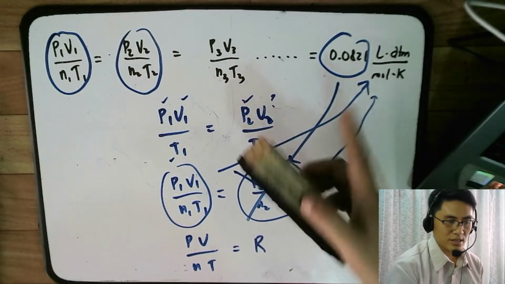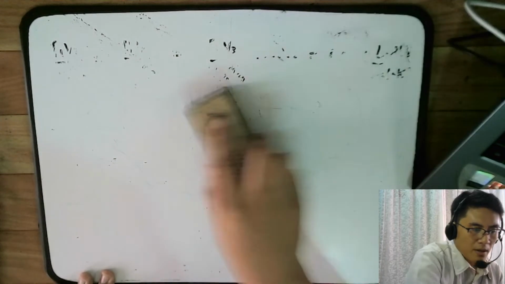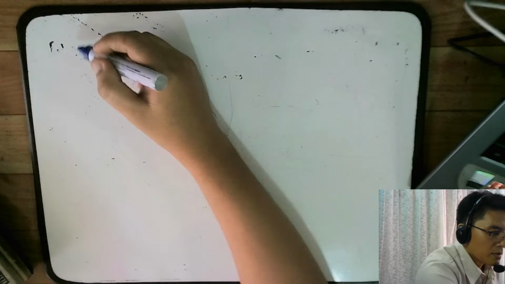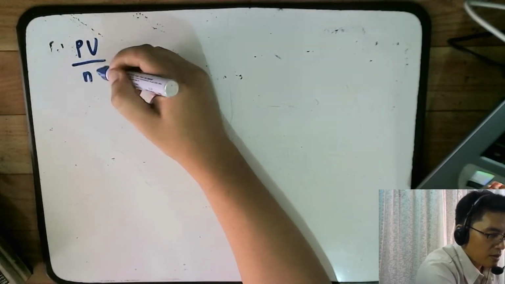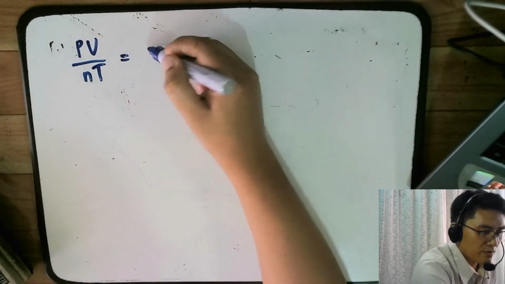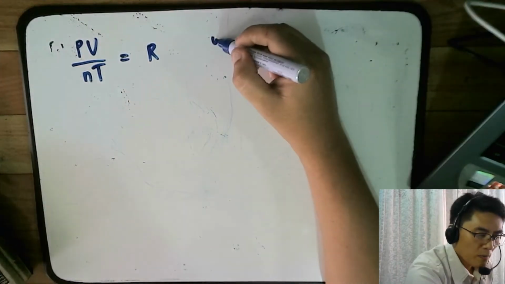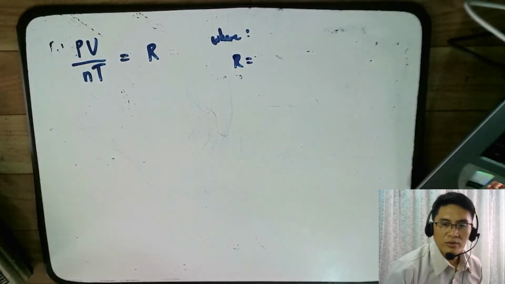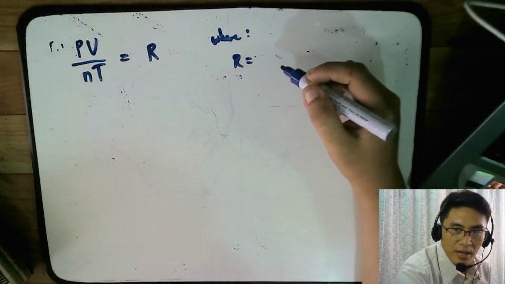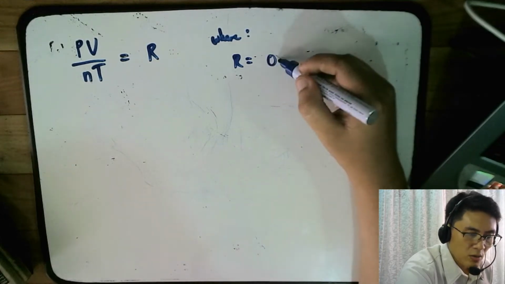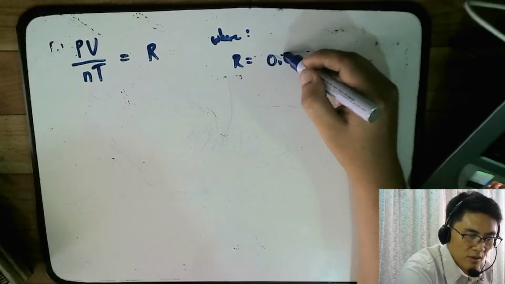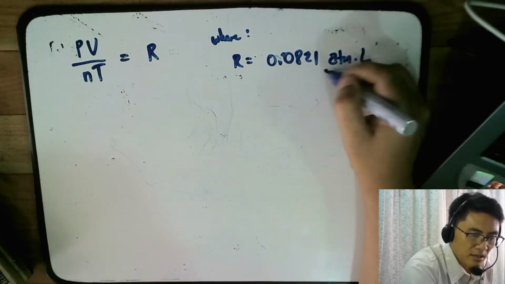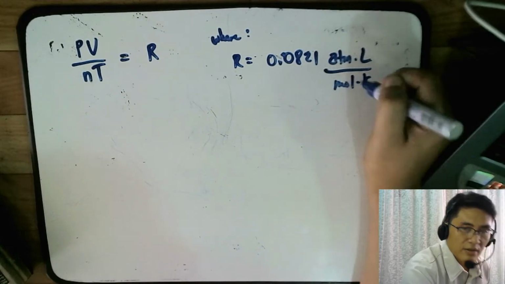Let me rewrite that here: PV over NT is equivalent to R, where R is always equal to 0.0821 atm liter per mole Kelvin.